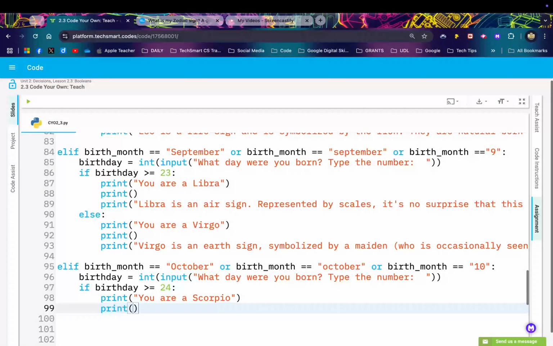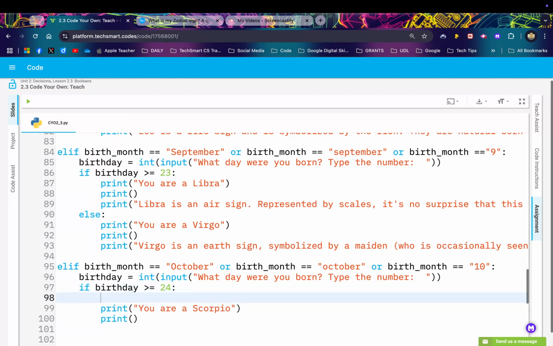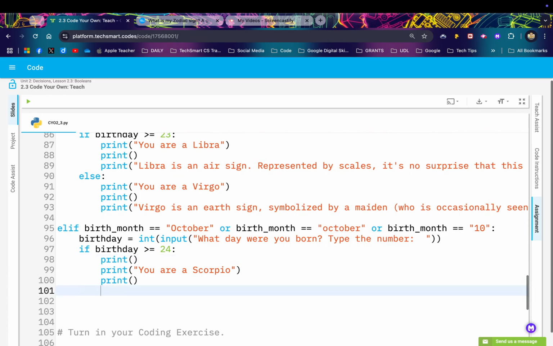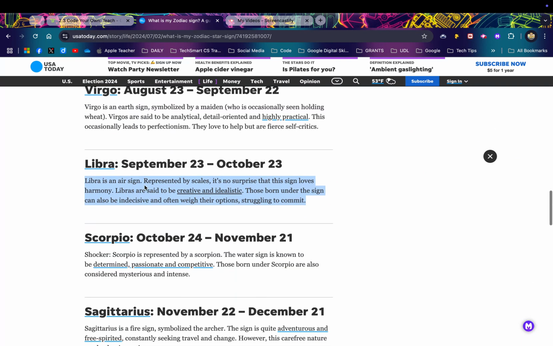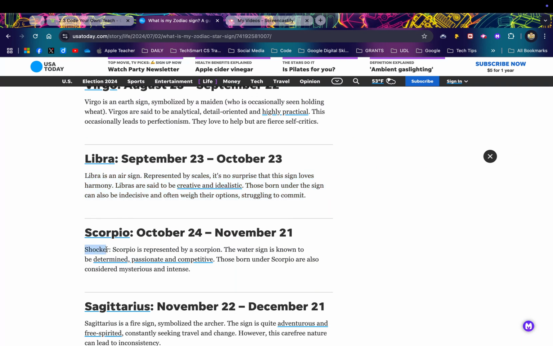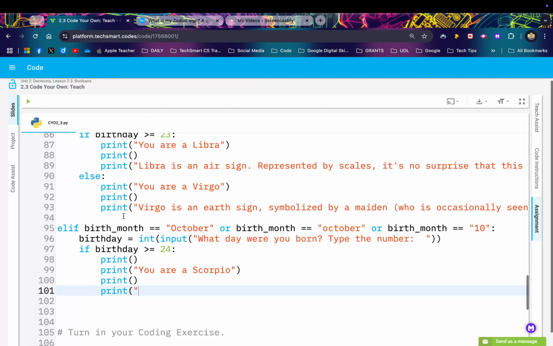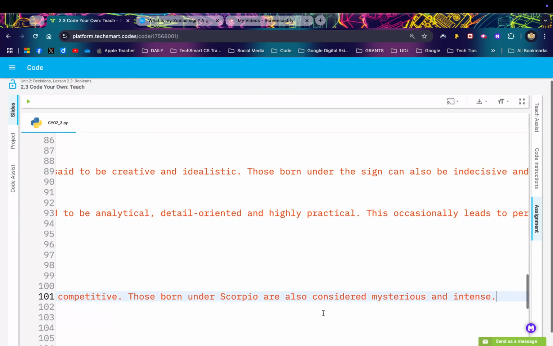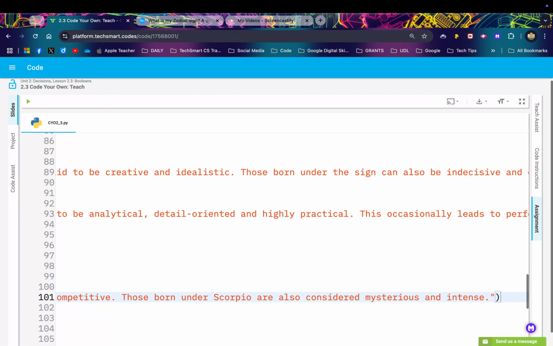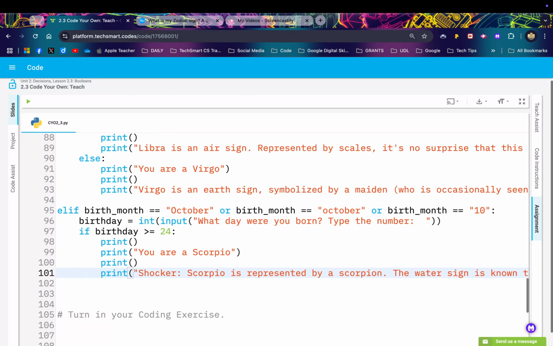Then print a blank. And I can even come up here and print a blank too. And then we got to print whatever you copy off the internet. So here's the Scorpio is represented by the scorpion. Woohoo! Paste that in there. Don't forget the quotation and parenthesis at the end.